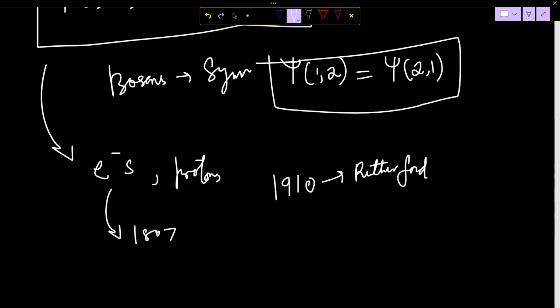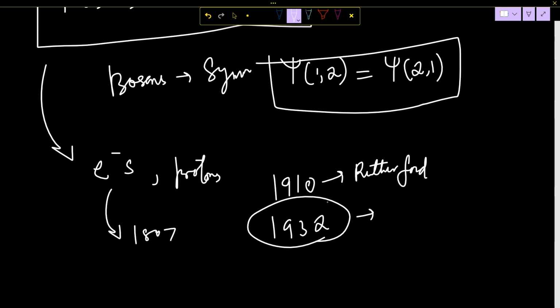But it was not until 1932 that the nucleus was understood to be a composite object.